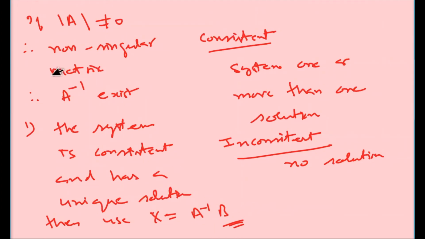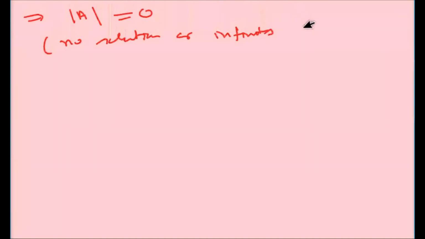Okay student, now a very important point: if we get the value of determinant A equal to 0, then what can we say? We can say there may be no solution or an infinite number of solutions.